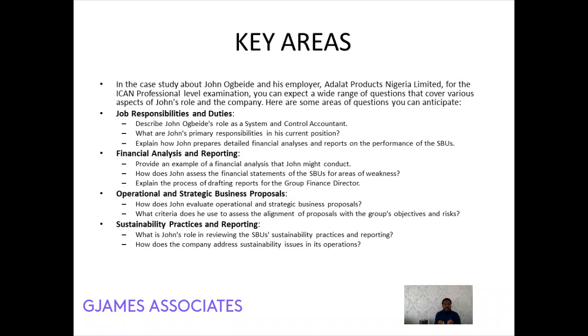Another aspect that may come out is what are John's primary responsibilities in his current position, which is tied together to question 1, or part A rather. Then you may be asked to explain how John prepares detailed financial analysis and how he should write a report on the performance of his company.